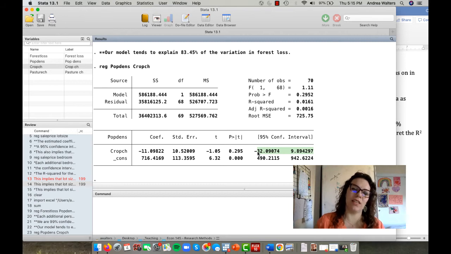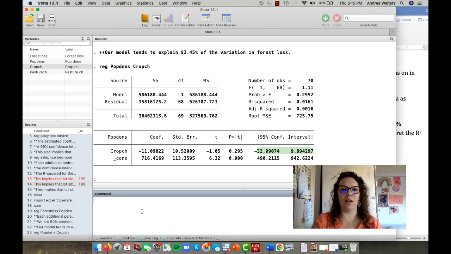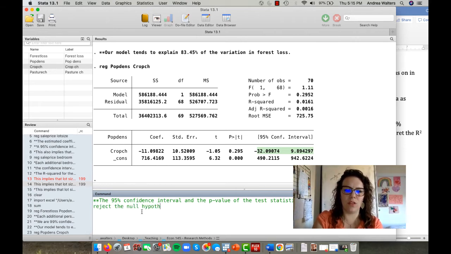So this tells us that crop change, which is a change in the amount of cropland in a given country, is not a very good indicator of changes in population density. So that's what you want to say: that the 95% confidence interval and the p-value both imply that we cannot reject the null hypothesis.